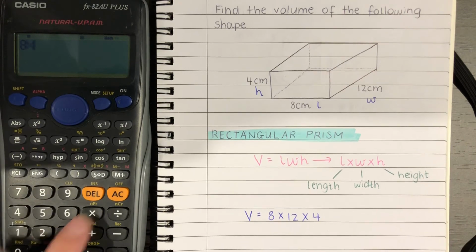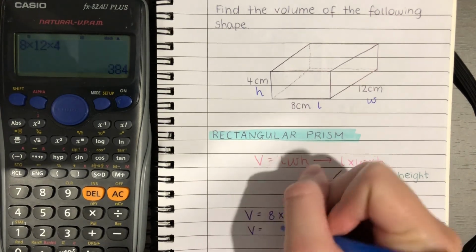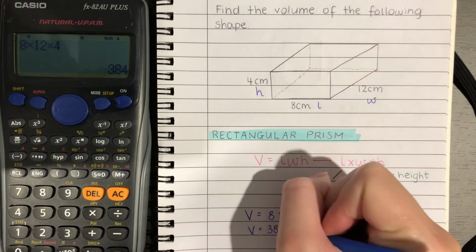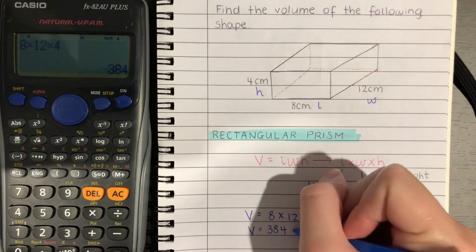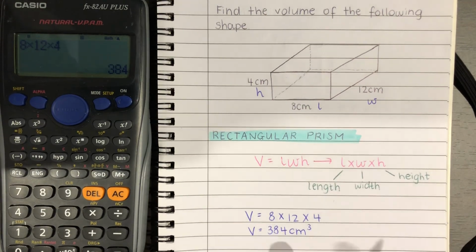So 8 times 12 times 4, and that equals 384. So the volume equals 384 centimeters cubed, because we're calculating volume and our units for volume is cubed.